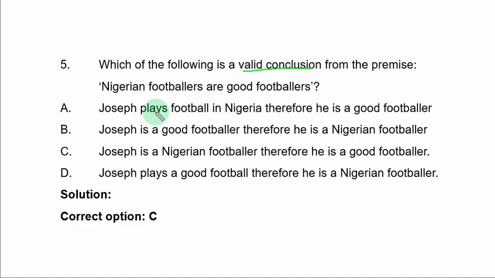B. Joseph is a good footballer, therefore he is a Nigerian footballer. No, not all good footballers are from Nigeria. C. Joseph is a Nigerian footballer, therefore he is a good footballer. C is the correct option.